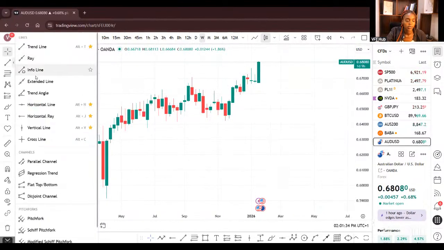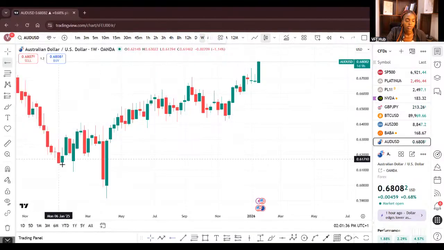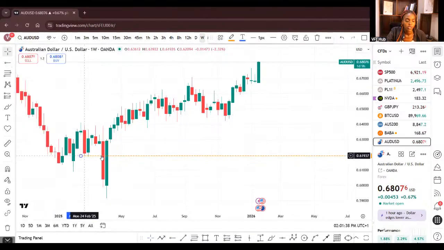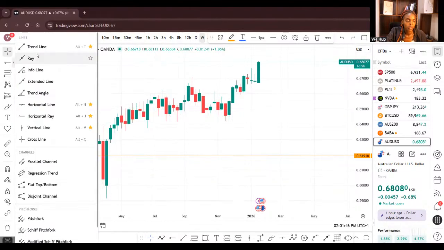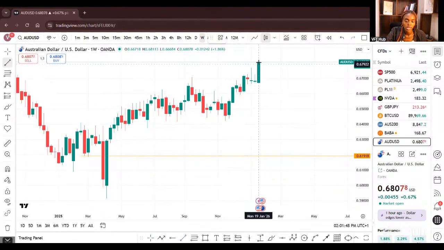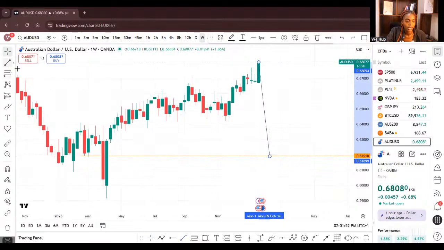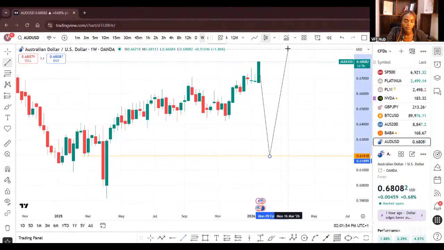I'm seeing that we're on track. We're just going to see this level. Shoulder at 0.61918, sweeps the downside break to the upside. Once price returns into this left shoulder right here, I want to buy AUD USD.